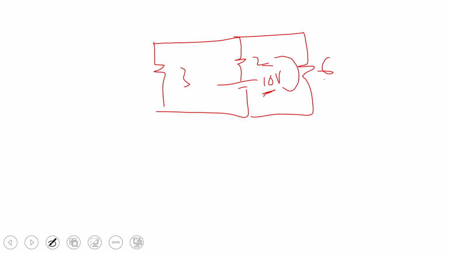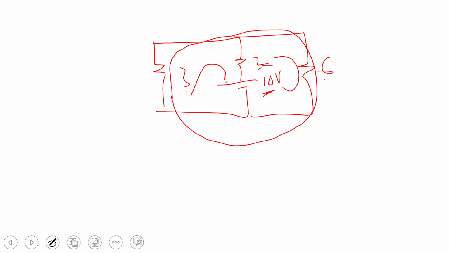If I go around, I meet an element on the way. 2 and 6 are not in parallel. 2 and 3, if I go around, I meet an element on the way. 2 and 3 are also not in parallel. But let's look at 3 and 6. If I go around 3 through to 6 and come back, I don't meet any other element. Then I can conclude that they are in parallel.